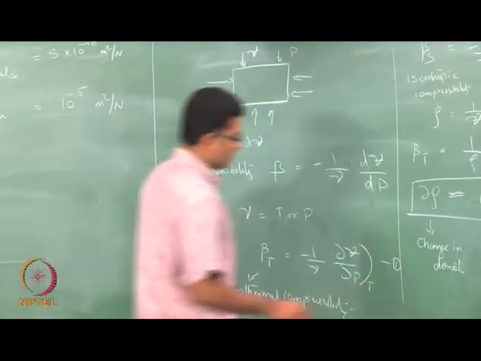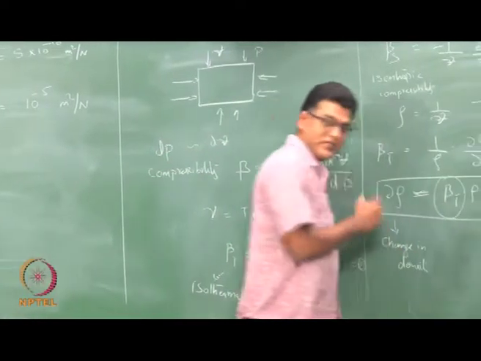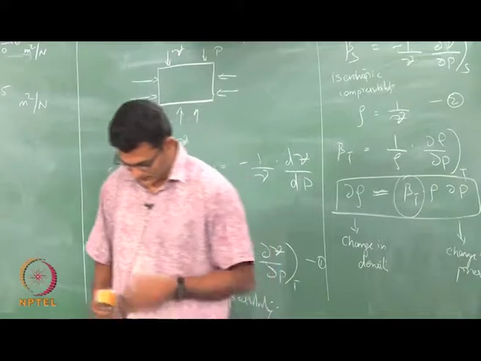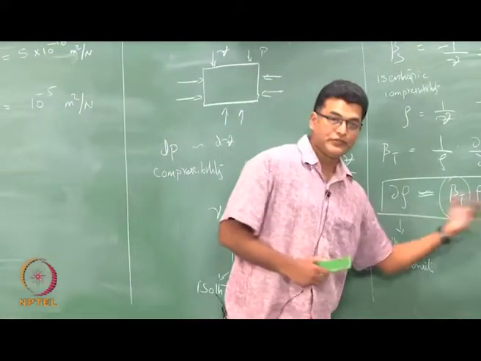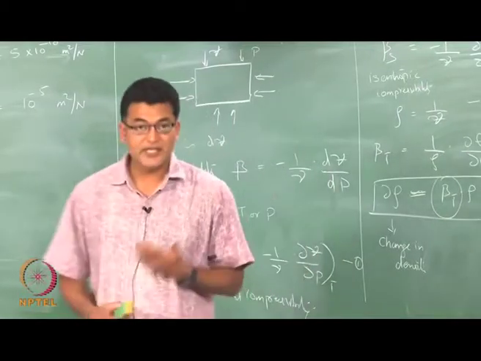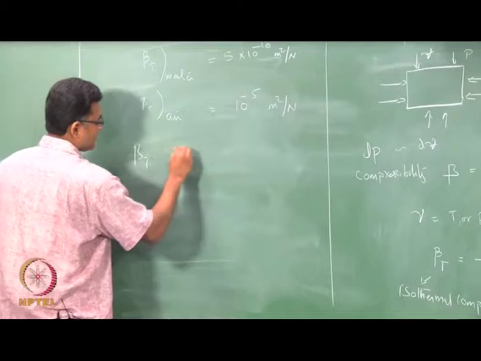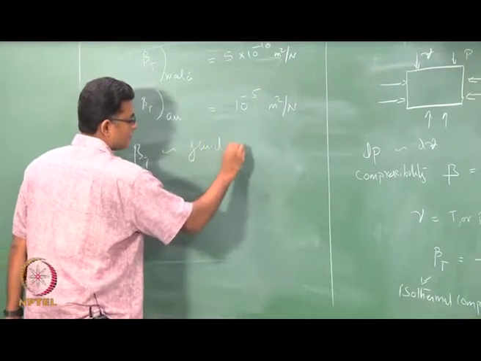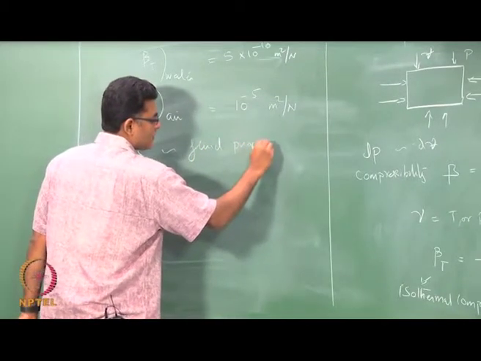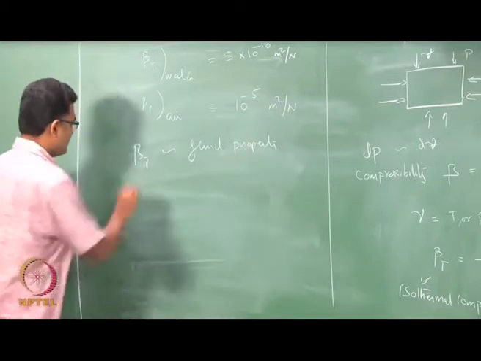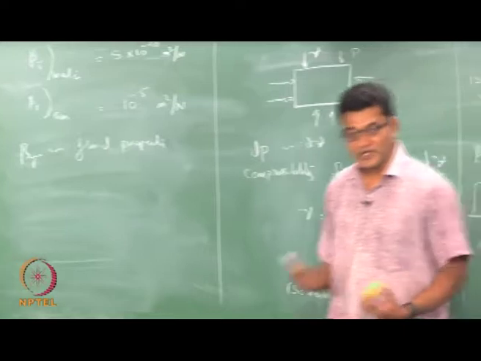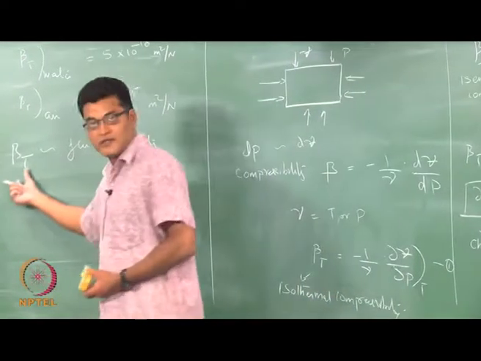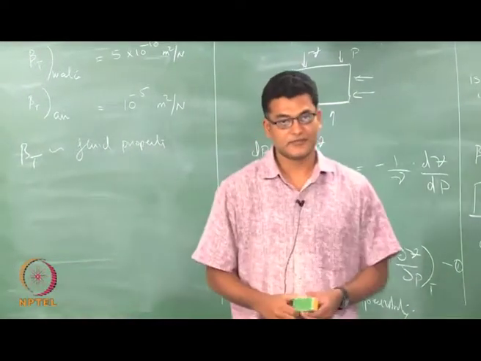So, you need a fluid with high compressibility to have a delta rho change due to delta P. So, compressibility is a fluid property. Okay. For the flow to be compressible, you need to have high compressibility. Okay.